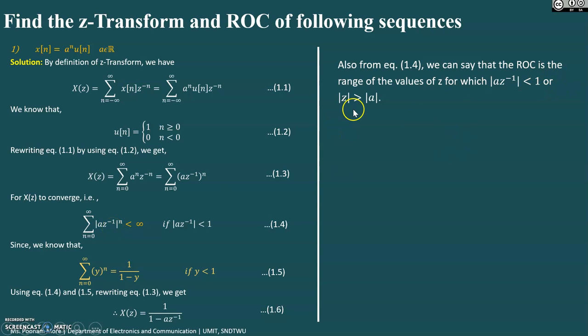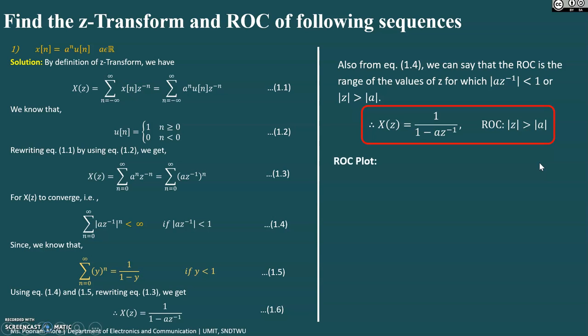In other words, the magnitude of z should be greater than a, which is our ROC. So the complete representation of the Z transform along with the ROC for the given sequence is x of z equal to 1 upon 1 minus a z inverse, with the ROC equal to all values of z with magnitude of z greater than a.